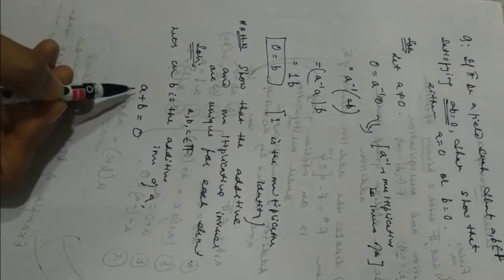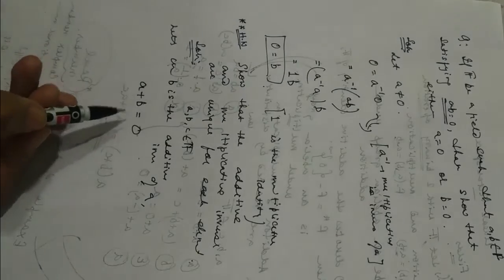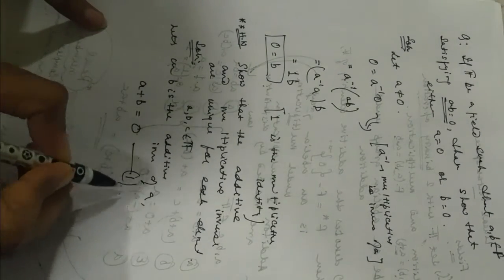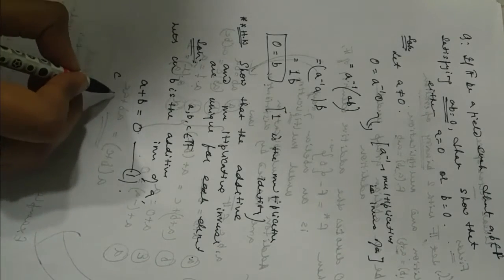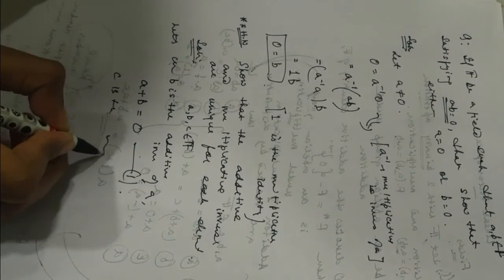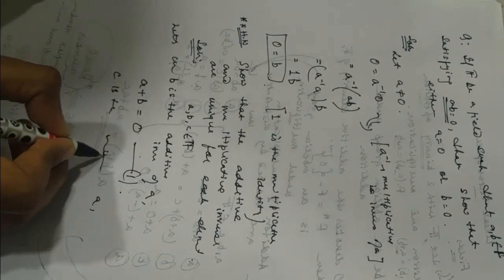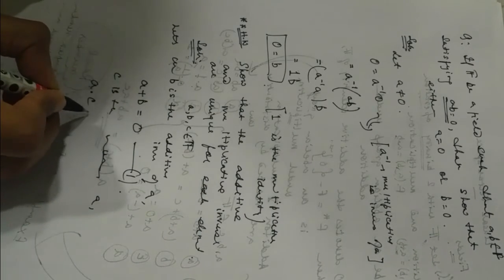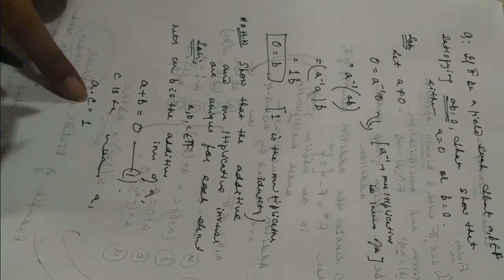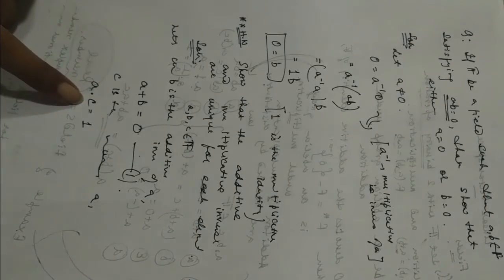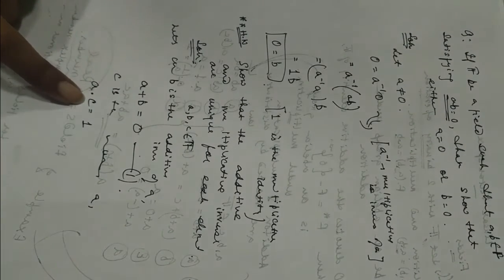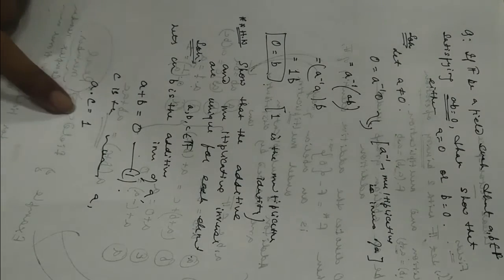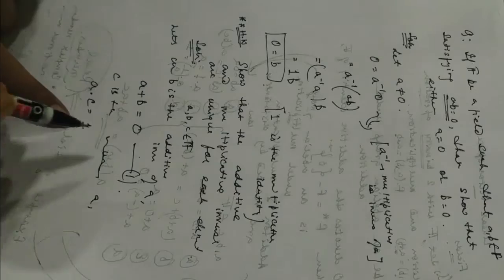Because any element plus its additive inverse gives you the additive identity. Similarly, if C is the multiplicative inverse of A, that means A dot C is 1, because A multiplied by the multiplicative inverse will give me the multiplicative identity, right?